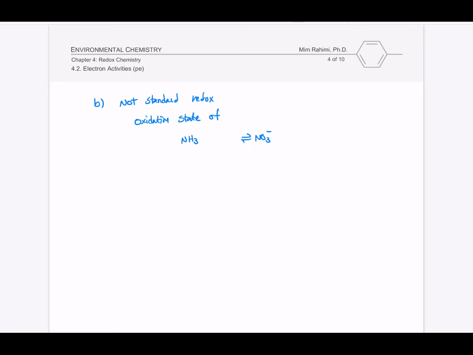In ammonia, H plus is always +1, so it has to be -3. On the other side, we know oxygen is always -2, so that would be 3 times -2. Overall charge is -1, so it has to be +5. So it's increased, which means ammonia was part of the oxidation reaction. So this would be our oxidation reaction.